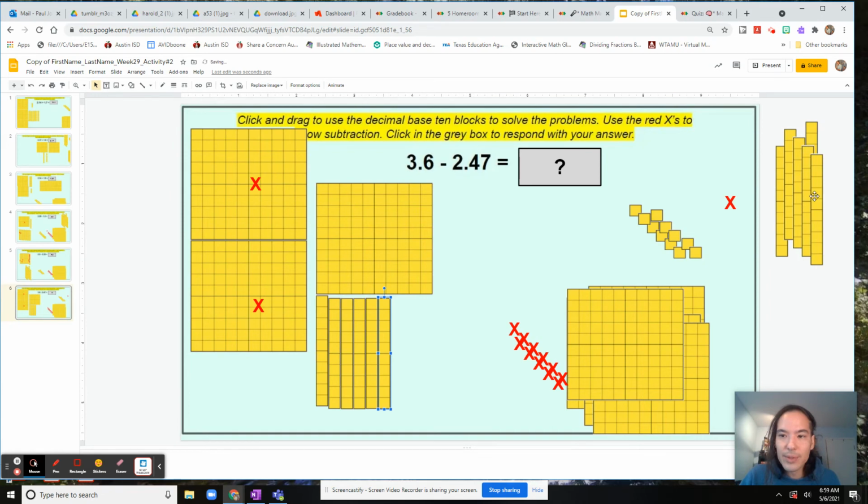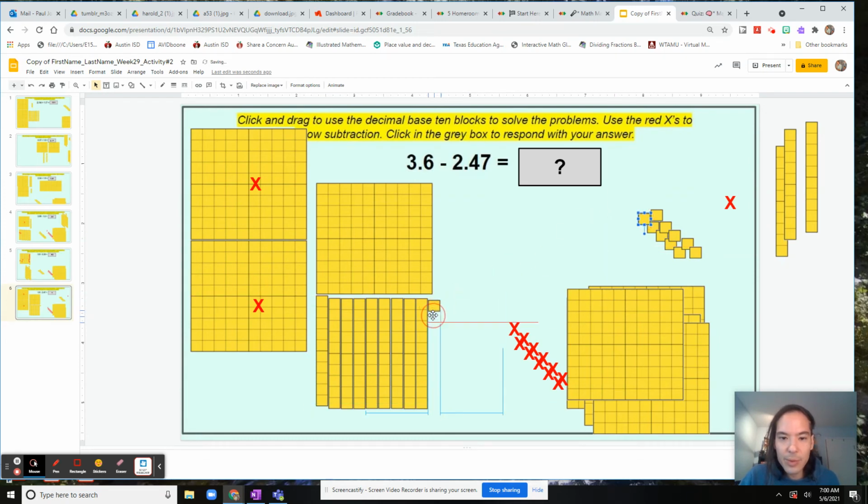So we're replacing the one whole with 9 tenths: 1, 2, 3, 4, 5, 6, 7, 8, 9 tenths, and then 10 hundredths. Because remember, 10 hundredths is another tenth, which would make 10 tenths, which would make one whole.